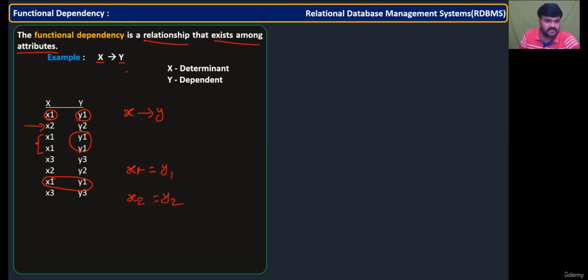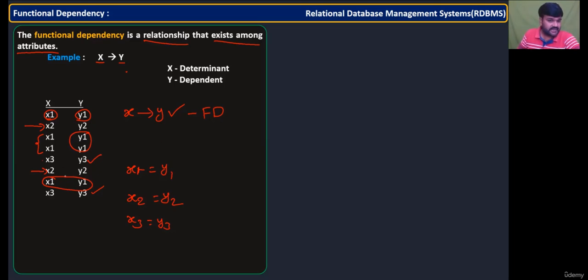Here also X2 is there, and it is deriving Y2. And X3 also, two times X3 is there, and both times it is deriving Y3. So this is a valid functional dependency, one of the FDs in short. First of all, try to understand that the meaning of this concept is very simple. In the flow, automatically we will get everything.